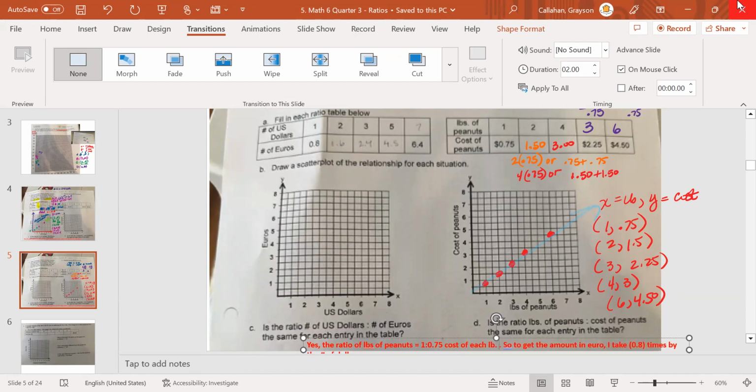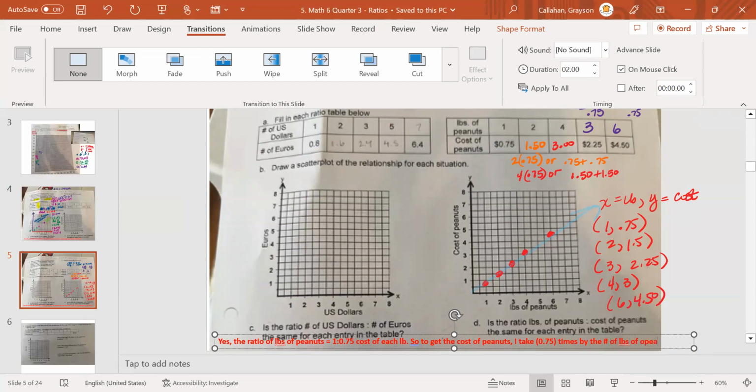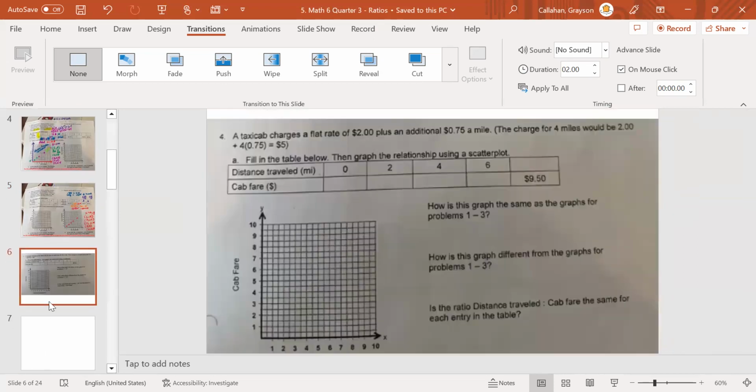So to get the cost of peanuts, you just take 0.75 and you multiply by the number of pounds of peanuts. Okay. And that is your answer. All right, let's go on to the next one.